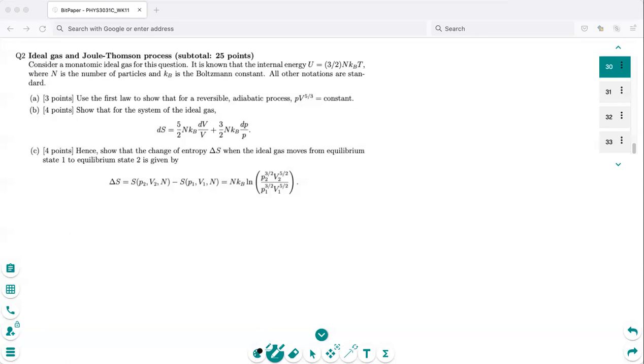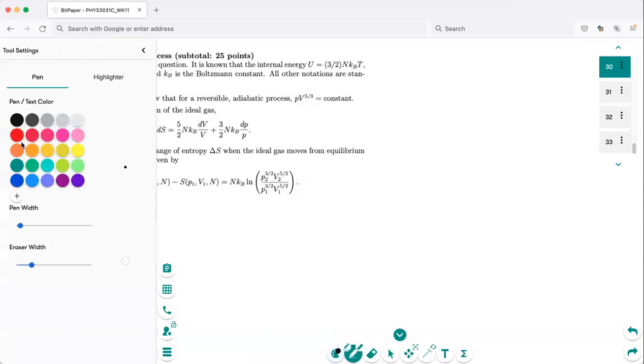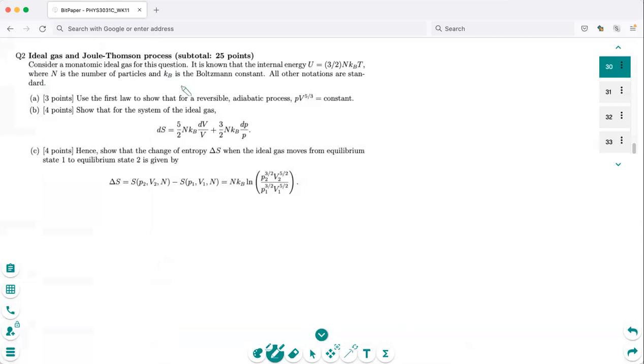Okay, so let's begin with Q2. This is a question which asks you to play with thermodynamics, but with a very specific form of the internal energy. By now, after handing in assignment 8, it shouldn't be too surprising that for a monatomic ideal gas, you can derive a very specific form of the internal energy.